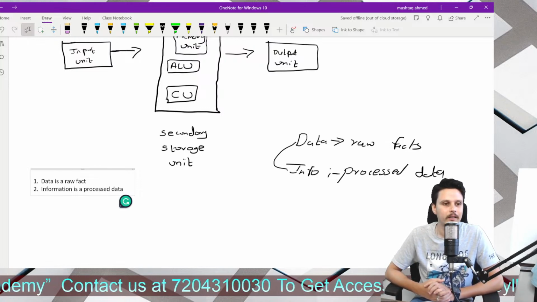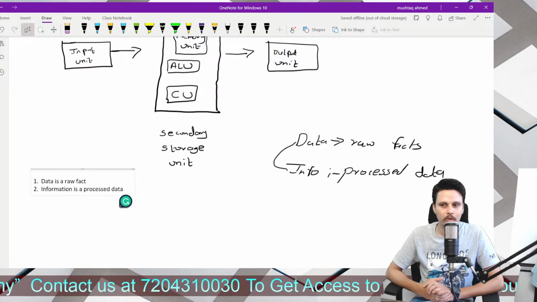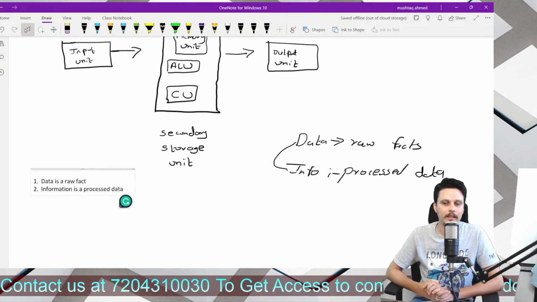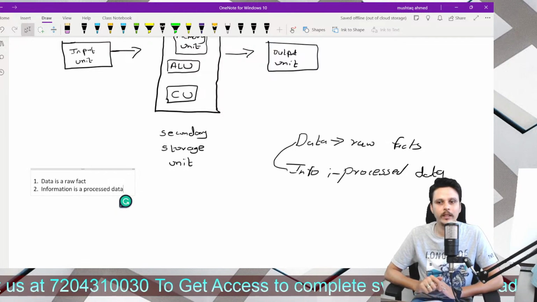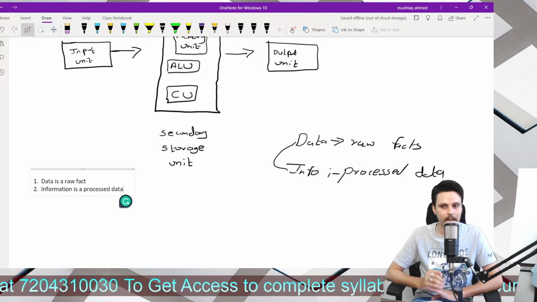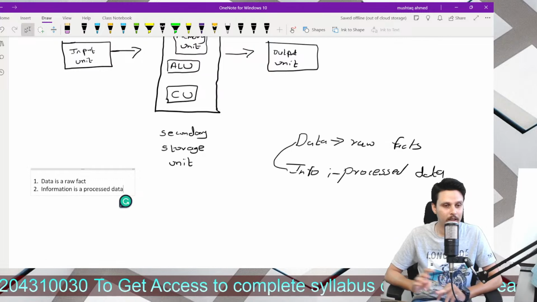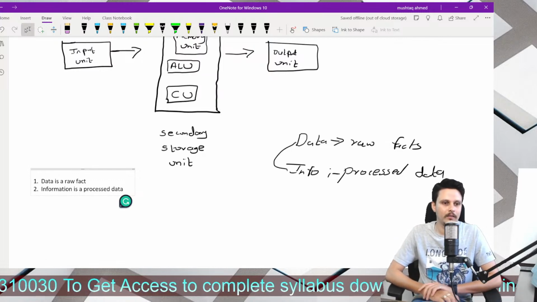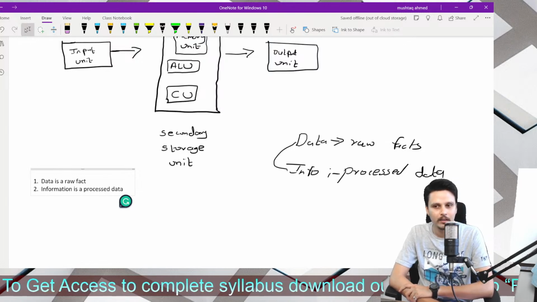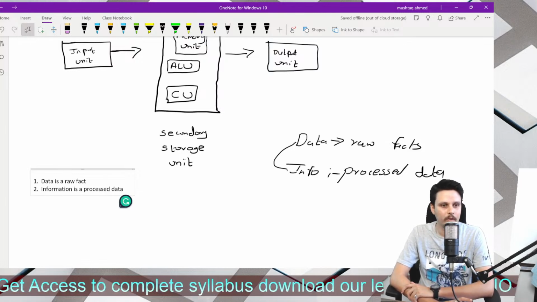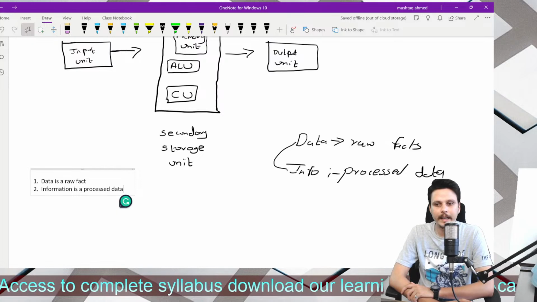Just keep it in mind. Data has no structure. There is no rule like only this many sentences or only this much information should be there. Data is a huge collection of raw facts, whereas information is some important points, which we call processed data.